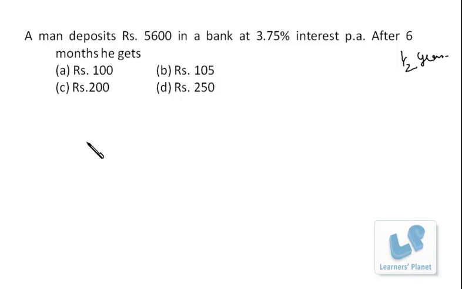Okay, now what is simple interest? It's principal into rate into time by 100. Now principal is 5,600. Rate of interest is 3.75%. And time is, we have to put the time always in years. If it is 6 months, you have to divide it by 12 months. So you'll be getting the time in years.